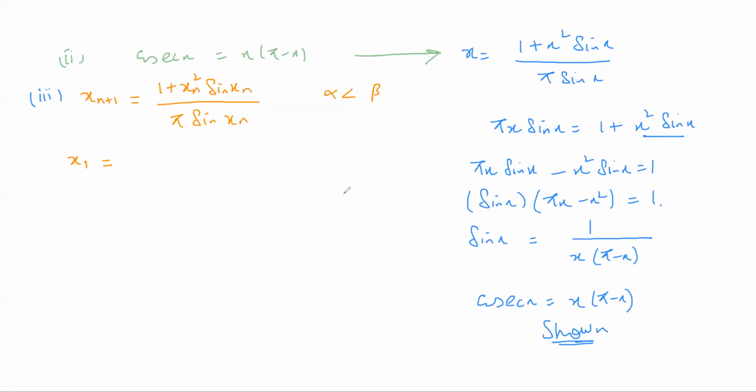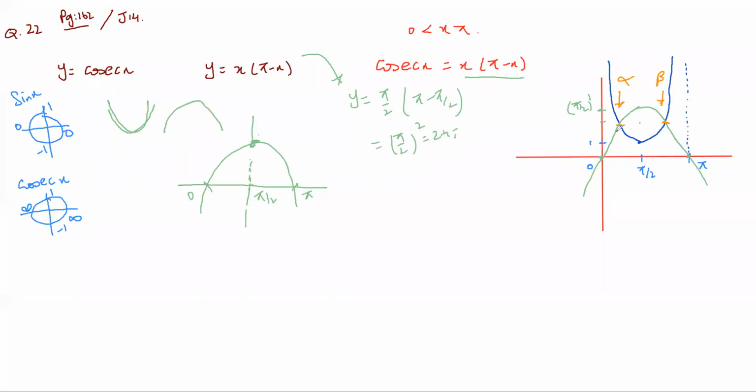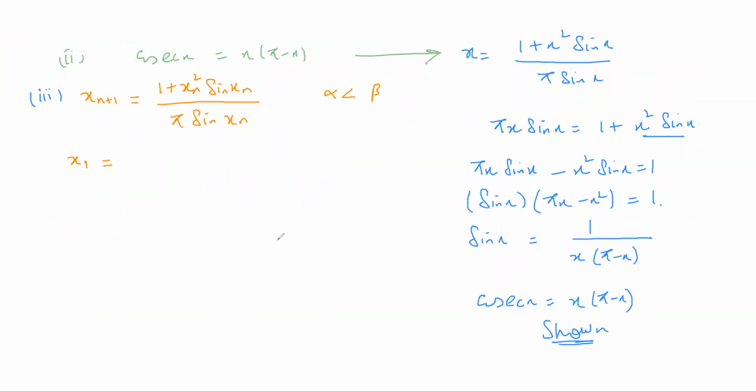So instead of 0, if I take you back again, this is somehow between 0 and pi by 2, something like pi by 4. I'll prefer to take this as pi by 4.